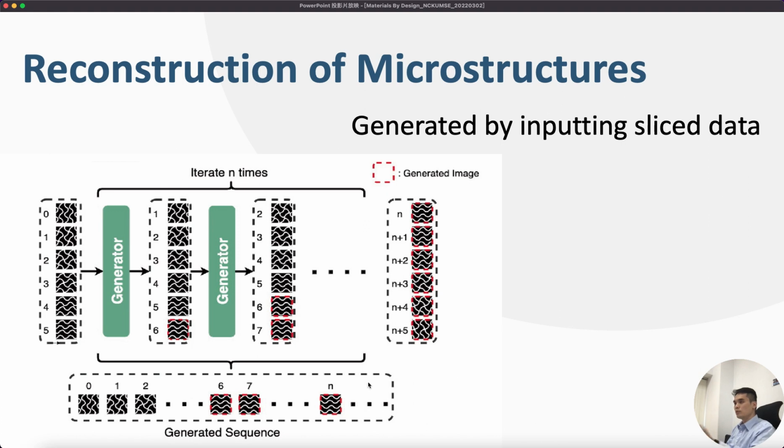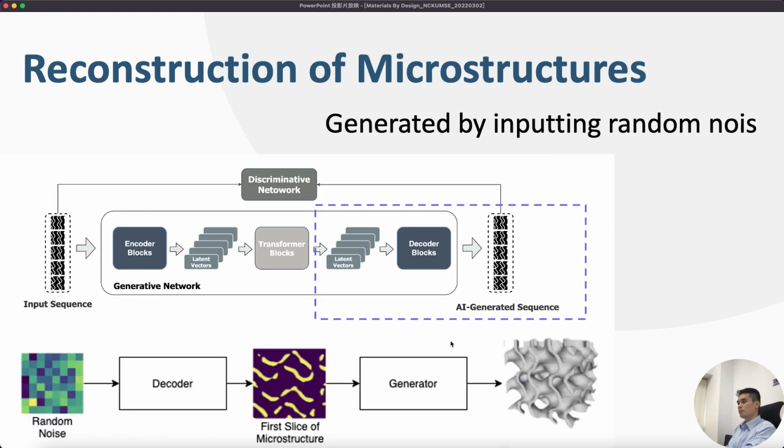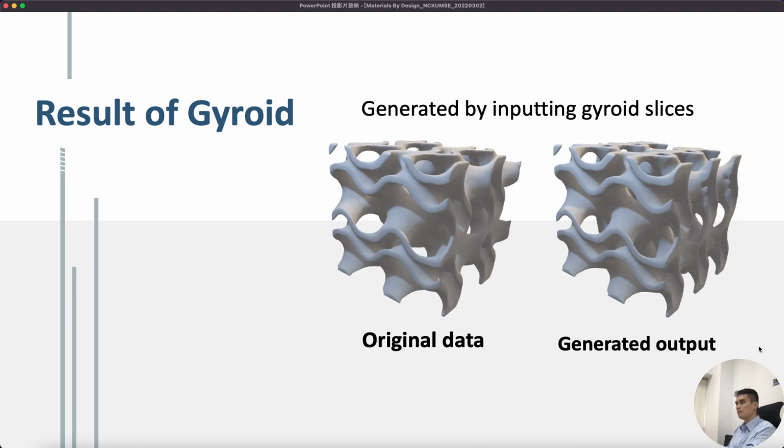We put some slices in as input, and then we can generate the rest of the images. For instance, if you give it the first 5 slices, it will generate new slices. Because we know how the gyroid looks, we can predict gyroids to see how this model performs, and then we can apply it to different biomaterials.